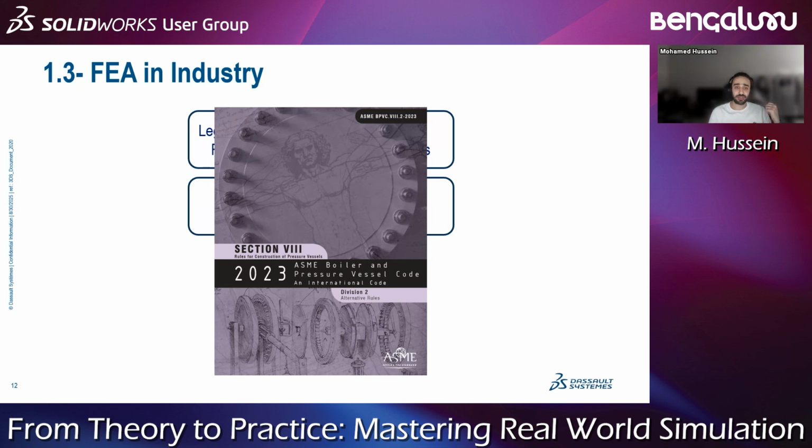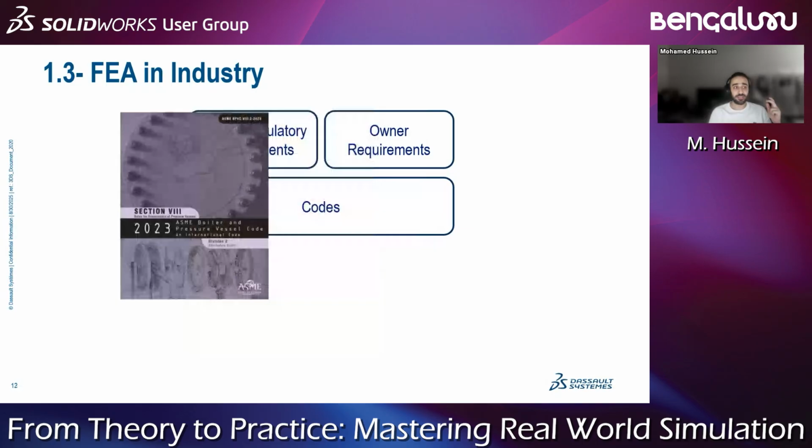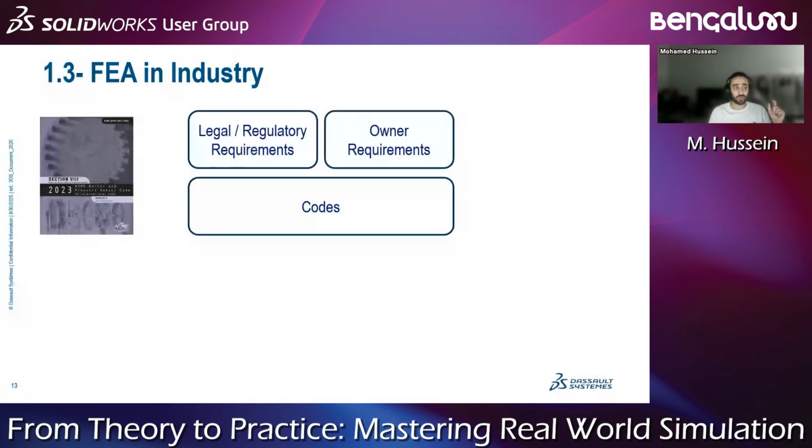If you go to this code and check, you will find that there are certain opportunities for you to use finite element analysis. And you cannot use finite element analysis for everything. You have to check, first of all, if the legal requirements allow you, and if the code allows you. It allows you to use finite element analysis for certain cases, and not for everything.